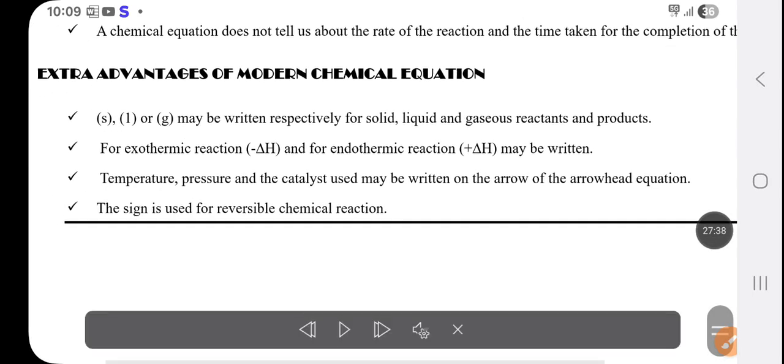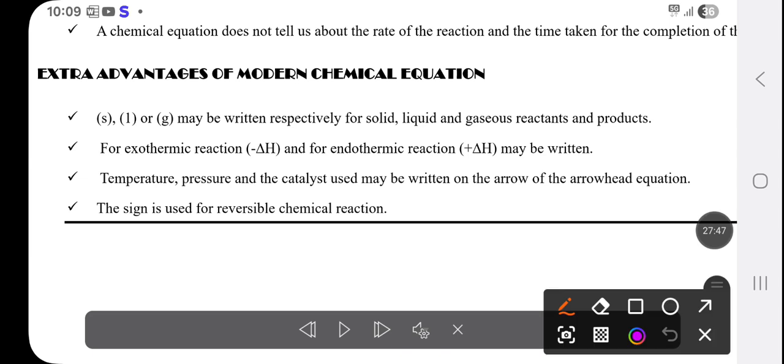Now let us understand some of the extra advantages of the modern chemical equation. Like, for the hydrogen evolved in the equation earlier, we might give the sign G behind it. If we give G, then we will understand that it is in the gaseous state.